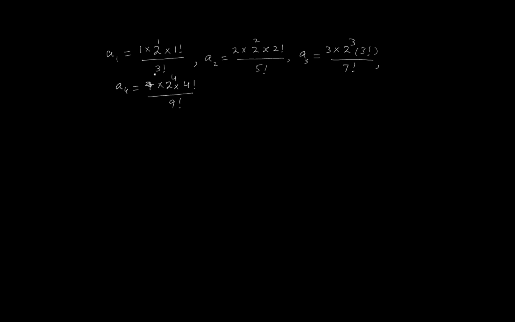So there is a sequence 3, 5, 7, 9. This is an arithmetic sequence and 2 is adding each time. Okay, so what will be the nth term? This is the first term, second, third, fourth.